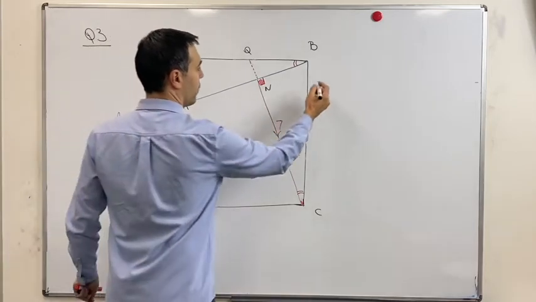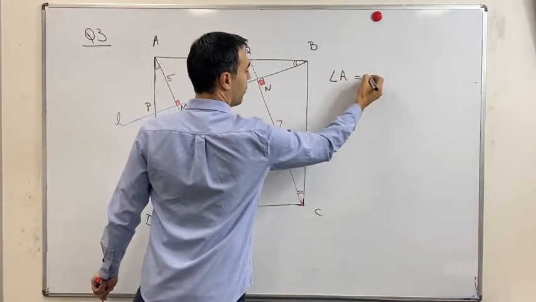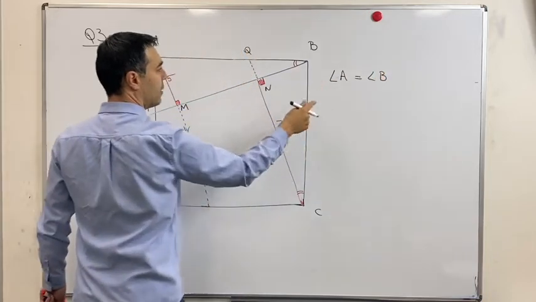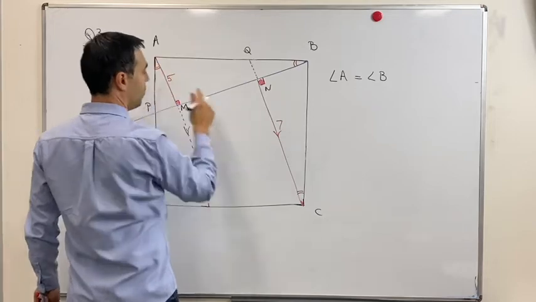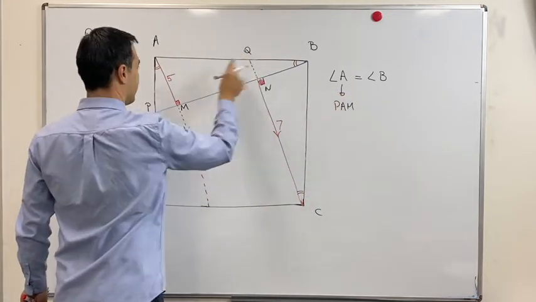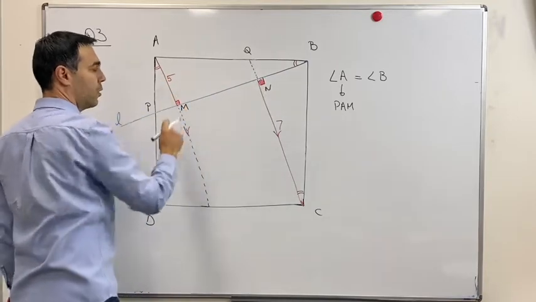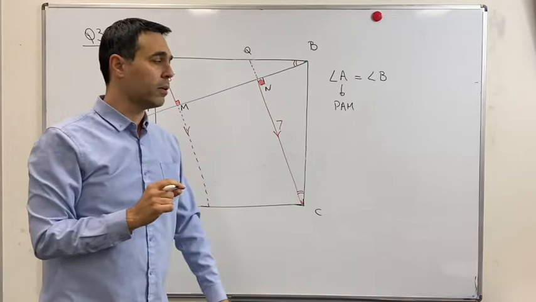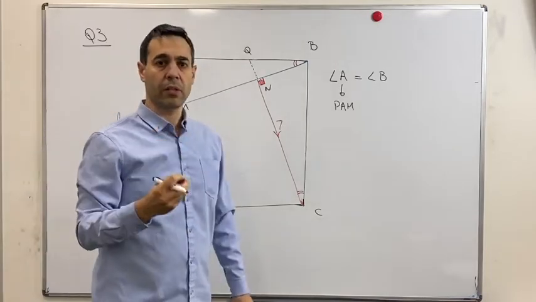So right now I simply show this with angle A equals angle B, and by angle A what I mean is not the whole angle which is 90 degrees, it's just PAM. Now these two triangles have these two angles the same. They both are a right angle, so we know all of the angles are equal.